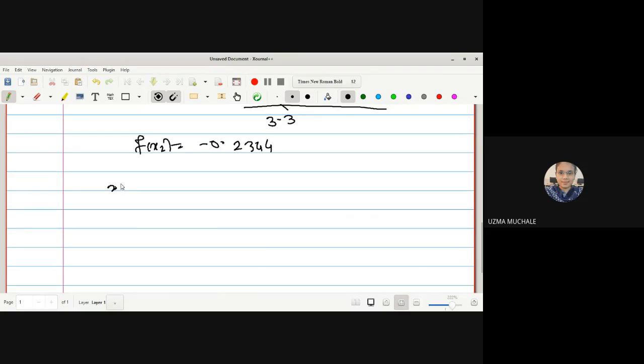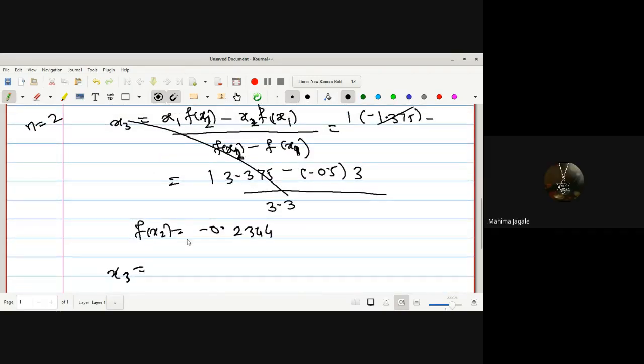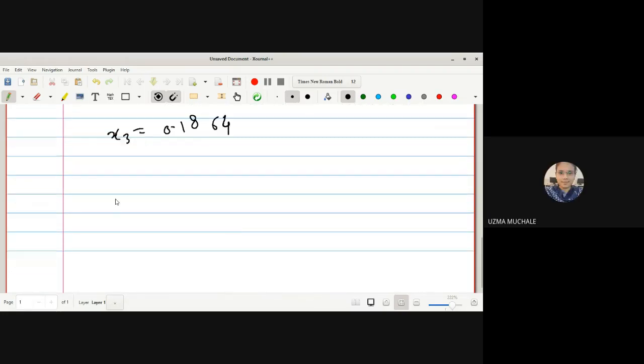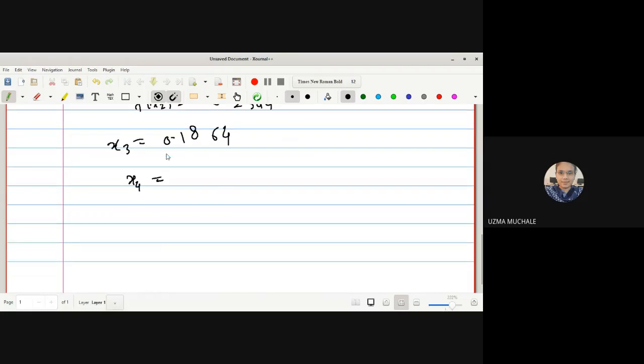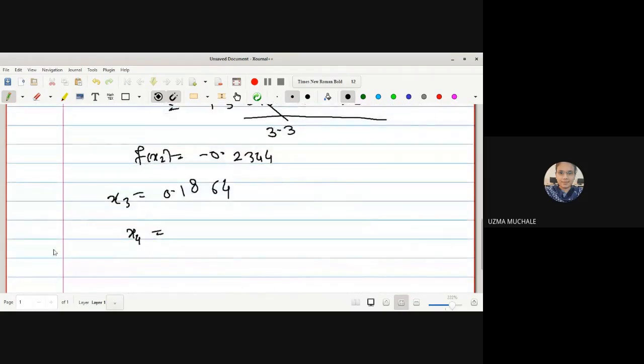So x3 is equal to 0.1864. x3 is 0.1864. Okay. Similarly, calculate the value of x4 from the formula. What will be the formula for this one? X4 is equal to, wherever you have n, you have to put it as n equal to 3.